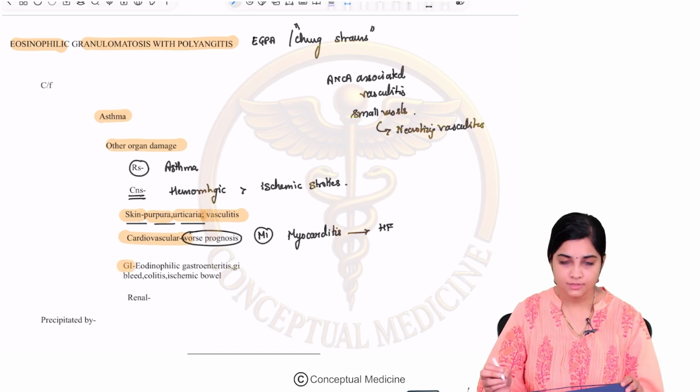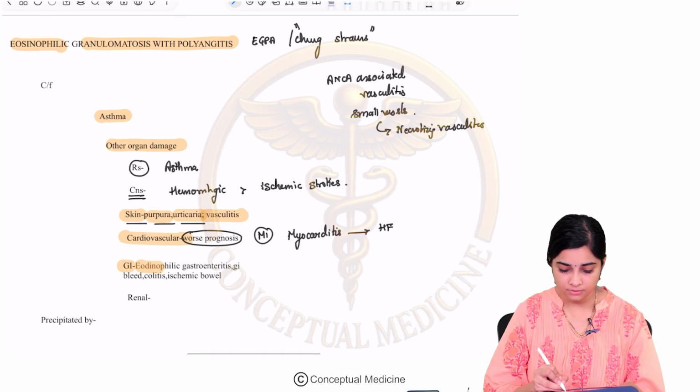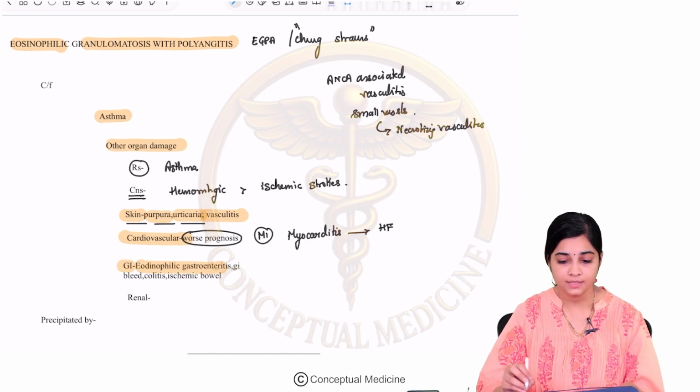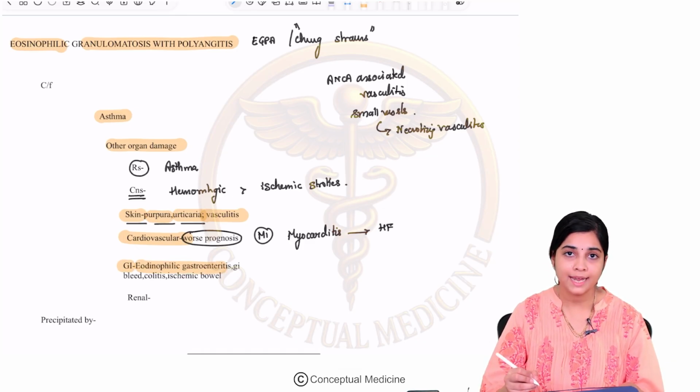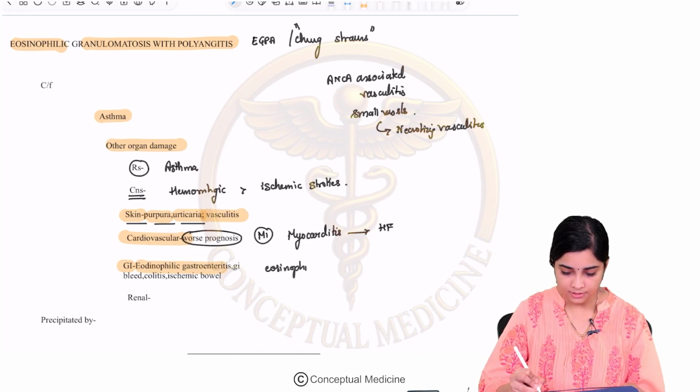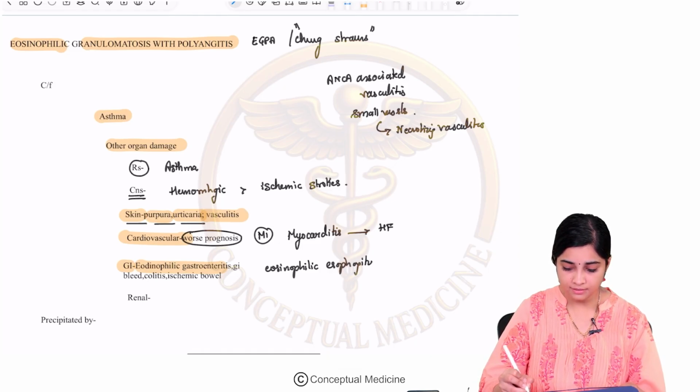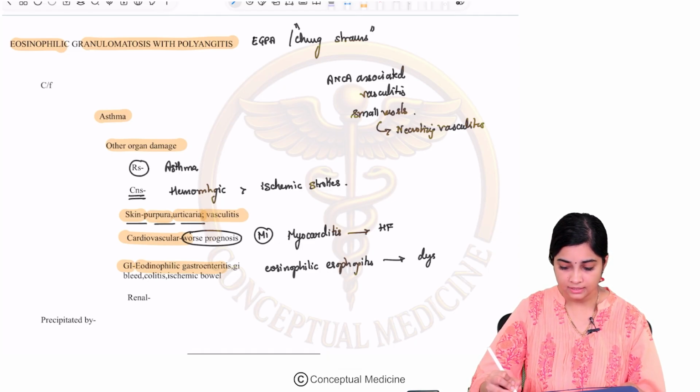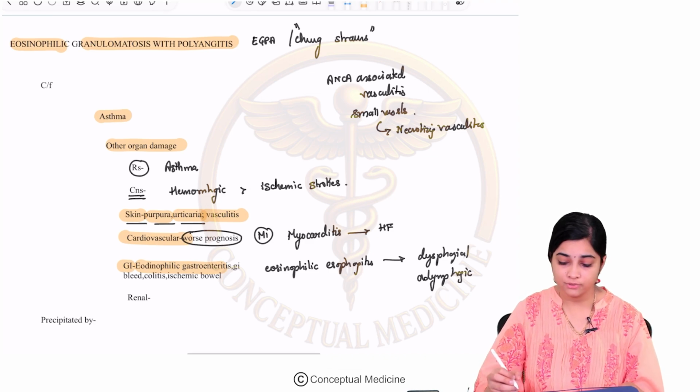Also, you can have gastrointestinal manifestations, which include eosinophilic gastroenteritis and eosinophilic esophagitis. If there is eosinophilic esophagitis, how is the patient going to present? The patient is going to present with dysphagia or odynophagia. What is the characteristic endoscopic appearance?